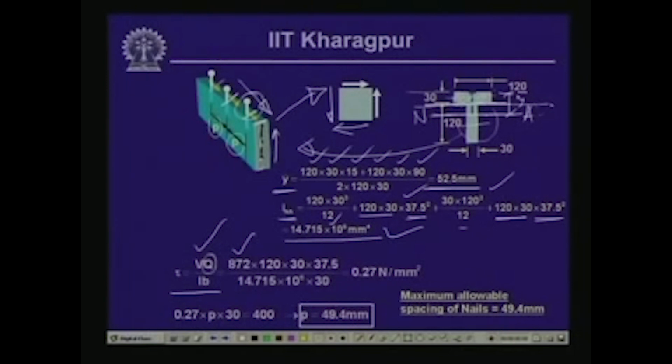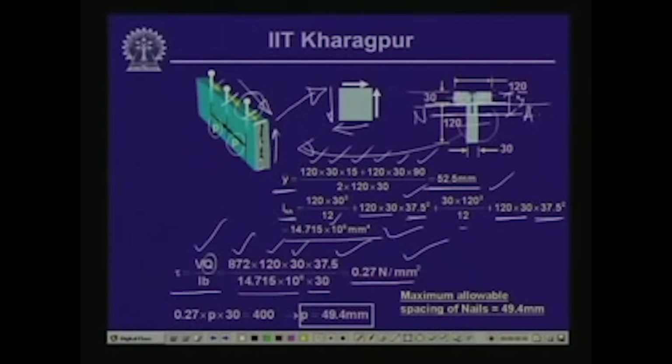We are evaluating shear stress at this section, and the area above that is 120 times 30, and its CG is 15 from the top, so the distance of its CG from the neutral axis is 37.5, that is 52.5 minus 15, divided by I, and b here is 30. So, this gives us a value of shearing stress at this interface. Along this length we have a shear stress of 0.27 Newton per millimeter square.